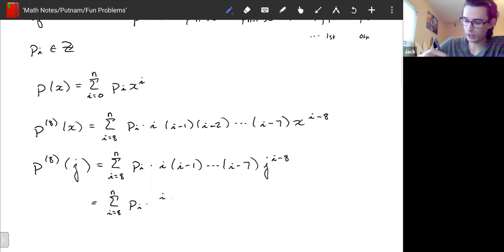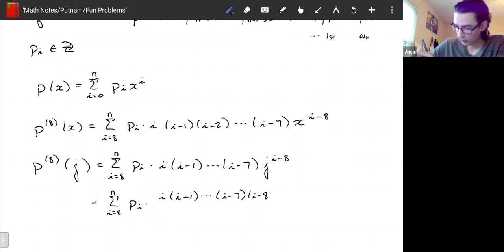So let's do i times i minus 1, all the way to i minus 7, i minus 8, all the way down to 2 times 1. So now we have i factorial up top.